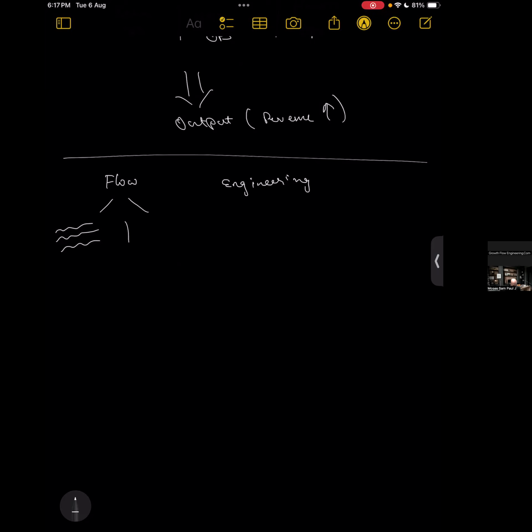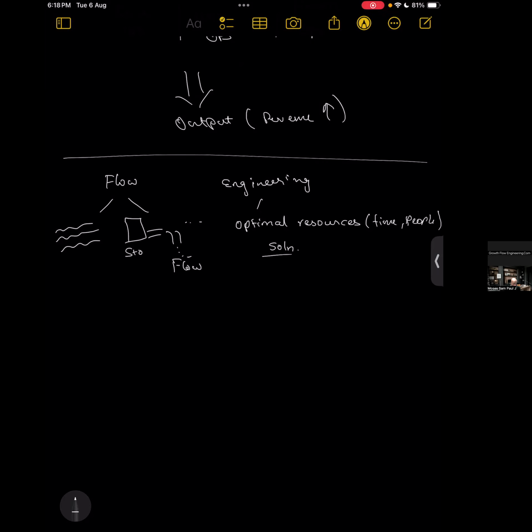In system dynamics, it could mean there is a stock and there is a flow. Several different things are there. Similarly, engineering is using the most optimal resources, which involves time, people, etc., to arrive at a solution.